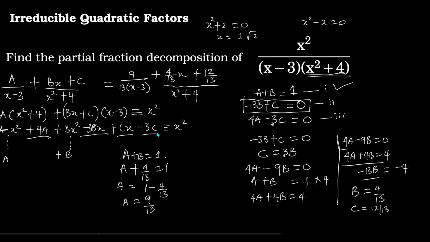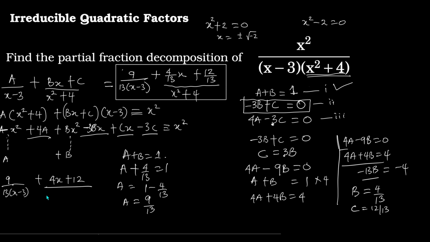So this is the final answer, or you can rewrite this in a better way as 9 over 13 times x minus 3 plus 4x plus 12 divided by 13 times x squared plus 4.